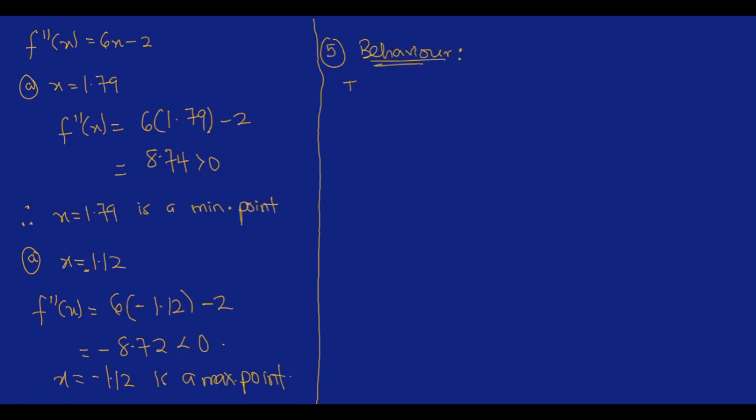So we should recall that the intercepts are at minus 2, 0, 0, 0, and 3, 0.